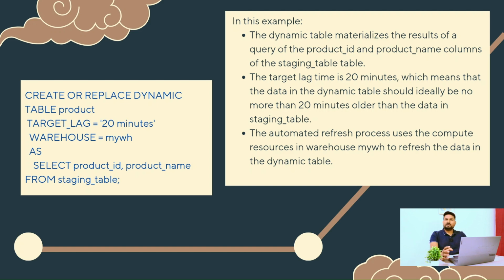Suppose you have a base table of educational data: student ID, student name, student division, student standard, and you just want to organize the data of student ID and student name. You will create another dynamic table and you will simply write an SQL statement saying I just want student ID and student name in this dynamic table.